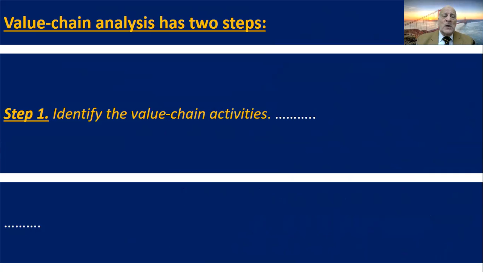The development of a value chain depends on the type of industry. For example, the focus in a service industry is on operations and on advertising and promotion rather than on materials and manufacturing.